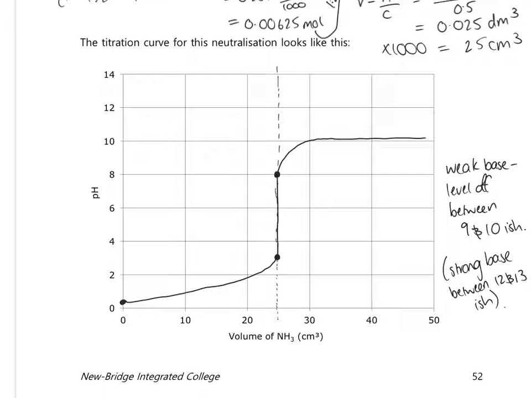Just to mention, you could actually be asked to draw a titration curve the other way around. It's less likely, but you could be asked to draw a titration curve for where you would have your alkali. Are we going to have to remember what curve is between?